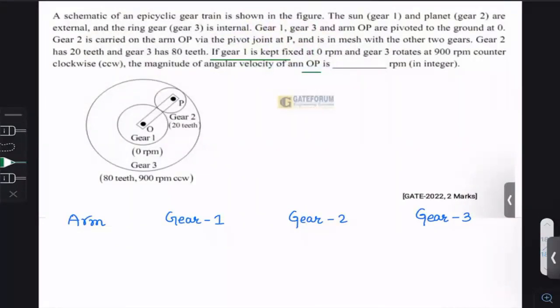The speed of the gear first will be 0. Suppose its speed is x. So for gear 1, we need to write the number of teeth. Where is the number of teeth in gear 1? The number of teeth in gear 1 is not mentioned in the problem.